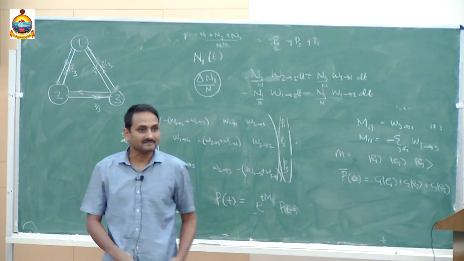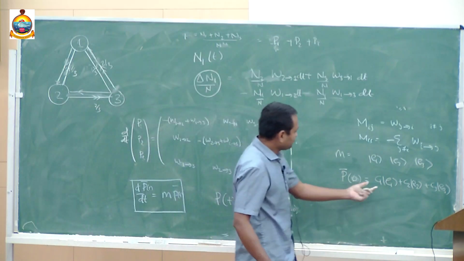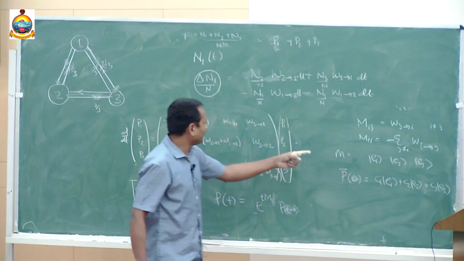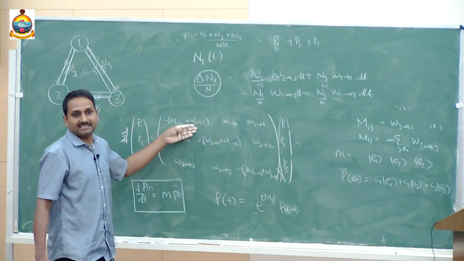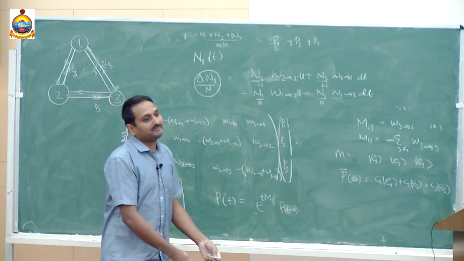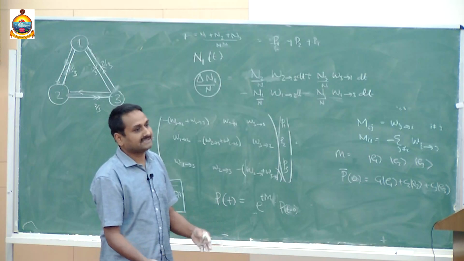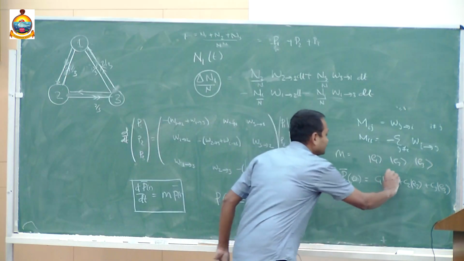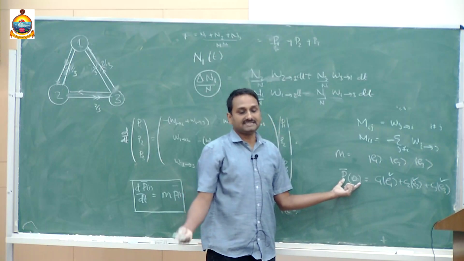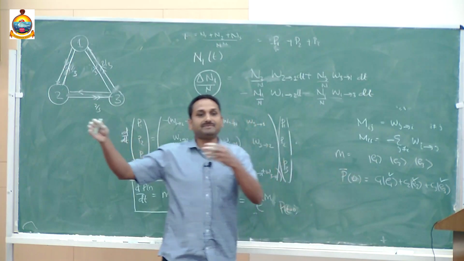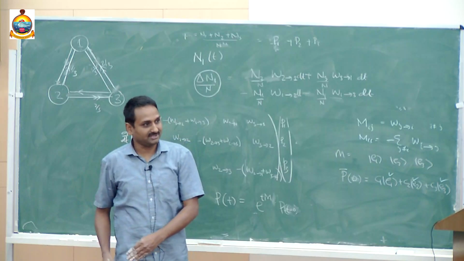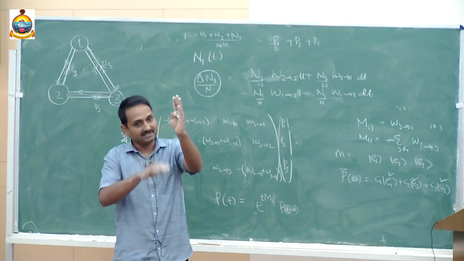So can you find these c's? If you know the matrix M, which contains only the rates, you can diagonalize it and get the eigenvectors. P0 is your initial condition. Say everybody starts in state 1, so the initial condition is 1 0 0: the probability is 1 here and 0 in the other two places.